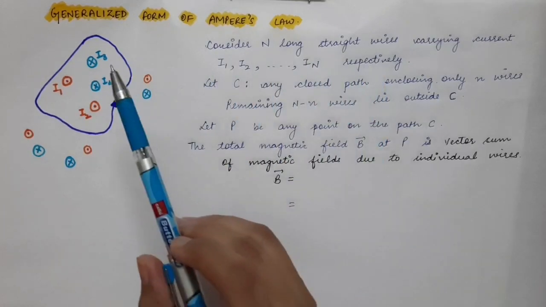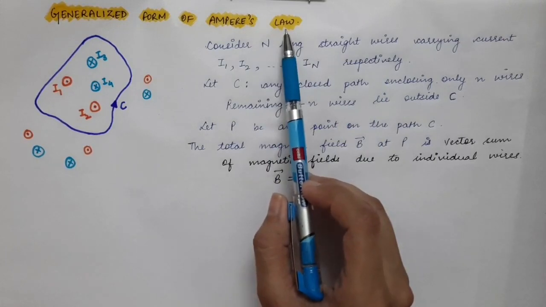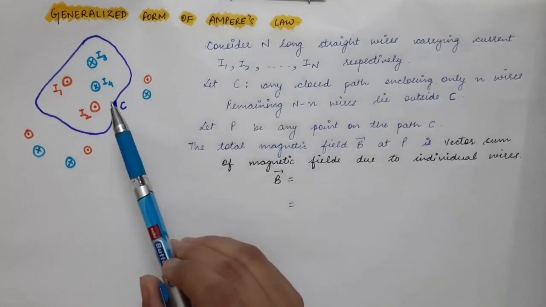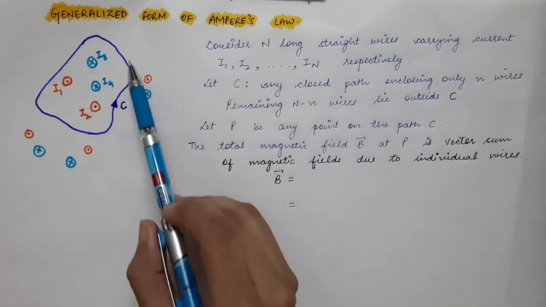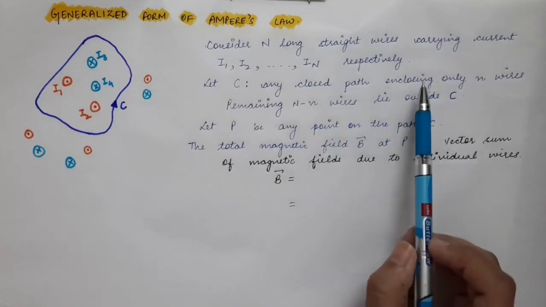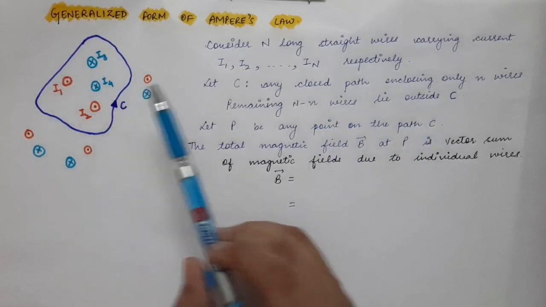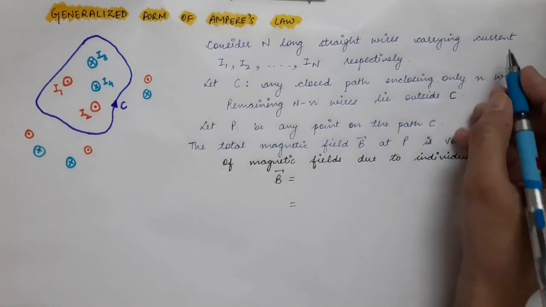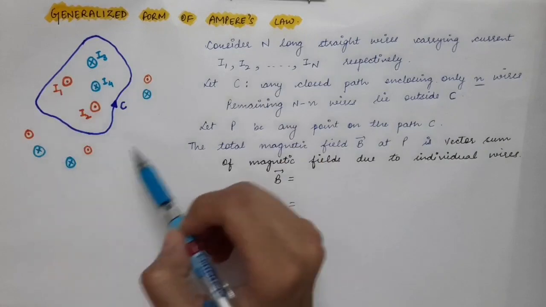Now here we are supposing a closed path. In Ampere's law we supposed a closed curve, so here also we will suppose a closed path C. This is a random shape which I have taken for this closed path. Let's suppose that this closed path encloses only small n number of wires. There are capital N long straight wires in total.